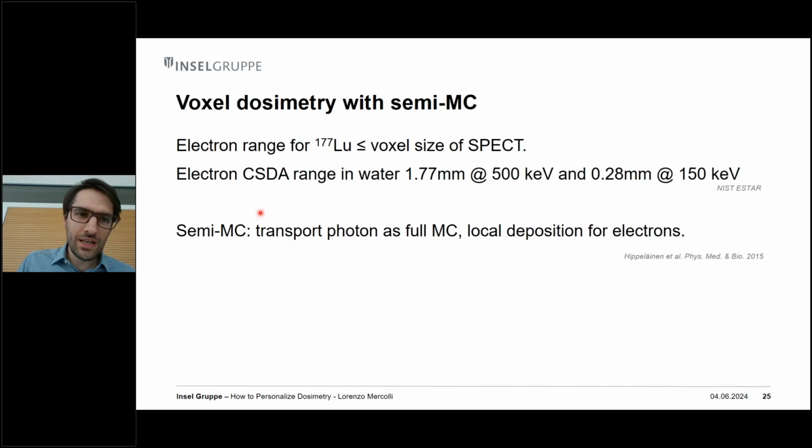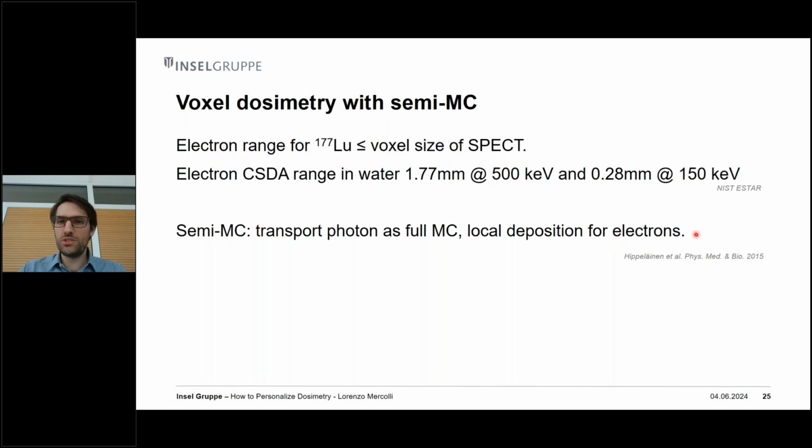And they call it semi-Monte Carlo. Semi-Monte Carlo because the photons are still transported and simulated like in a full Monte Carlo. So point interactions, sampling of the path lengths, etc. However, the electrons, they're not simulated at all.